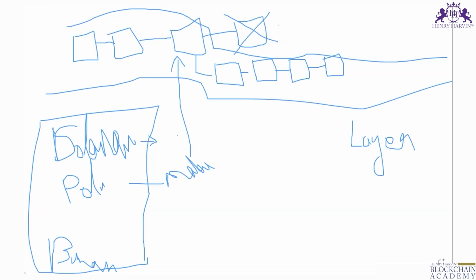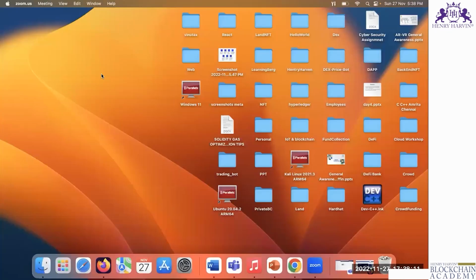Some other tool the companies are using is Hardhat. With Hardhat you can also compile the smart contract and migrate the smart contract. The syntax and everything are very similar.